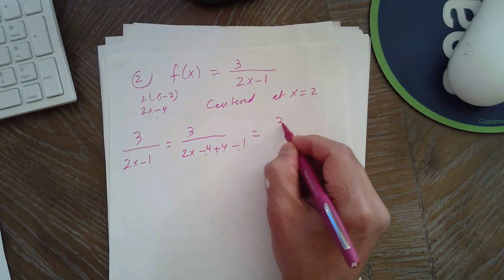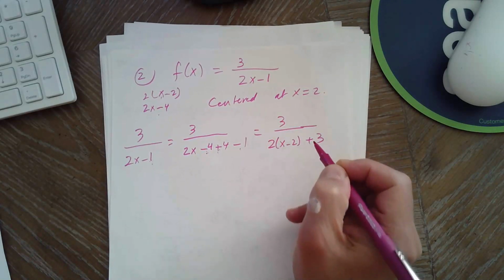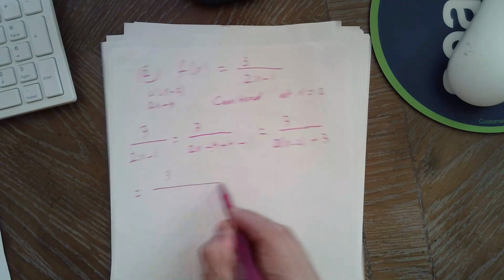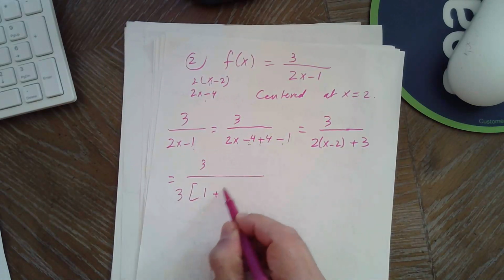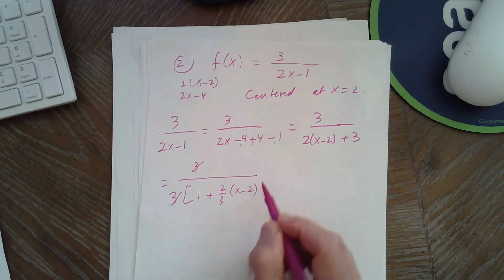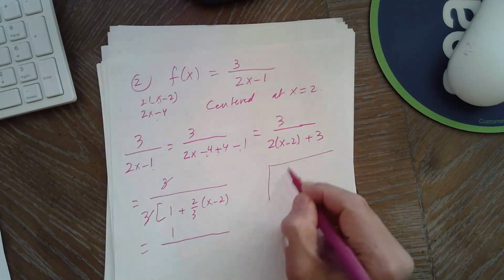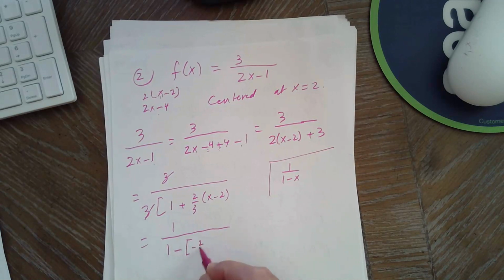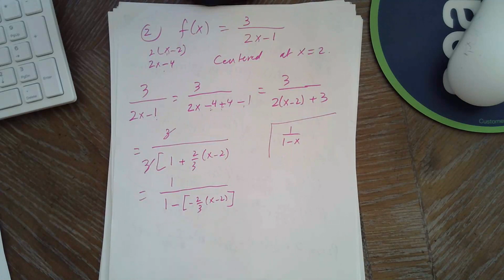So this is 3 over 2 times x minus 2 plus 3, which we can write as 3 over 3, and then factor out the 3, so it will be 1 plus 2/3 x minus 2, which would be 1 over, remember we got to match it with 1 over 1 minus x, so 1 over 1 minus negative 2/3 x minus 2.